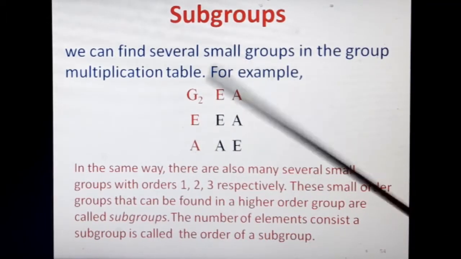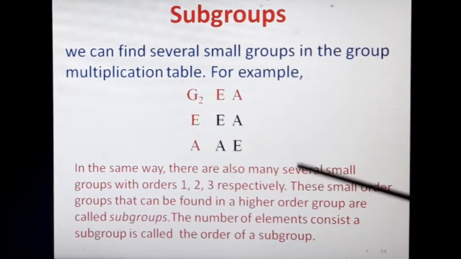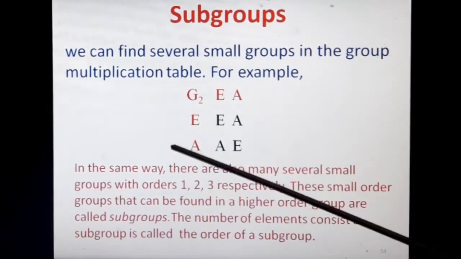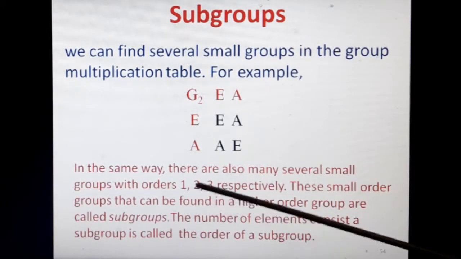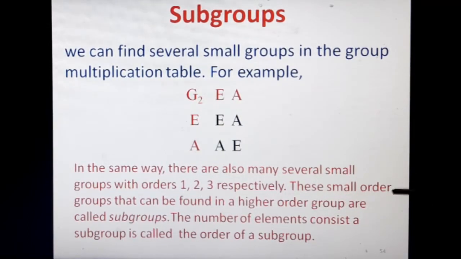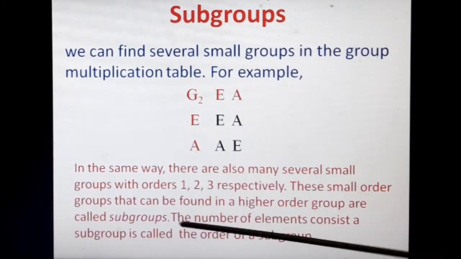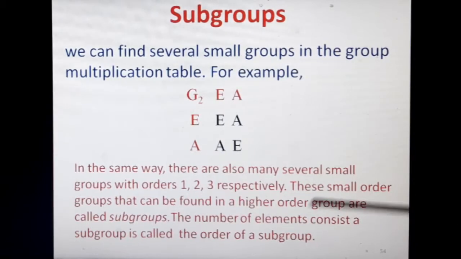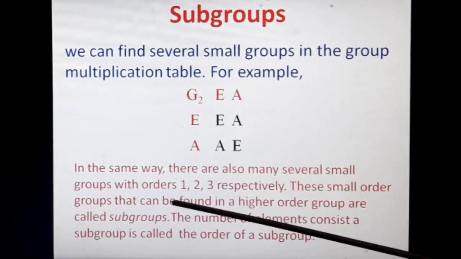In the same way, there are also several small groups with orders 1, 2, 3 respectively. These small order groups that can be found in a higher order group are called subgroups.